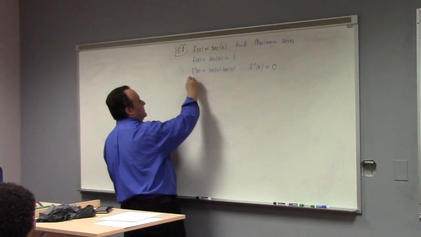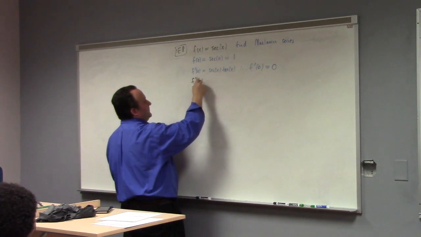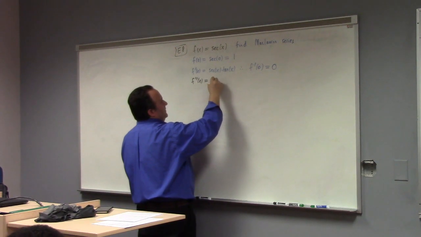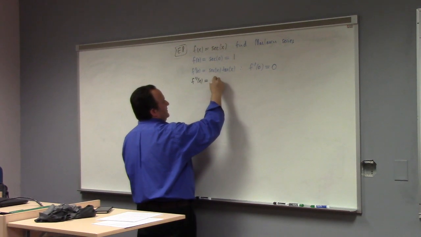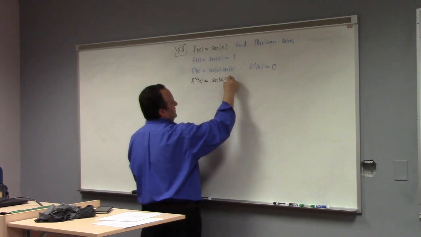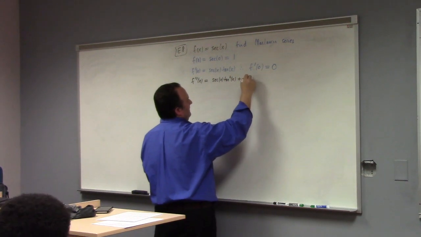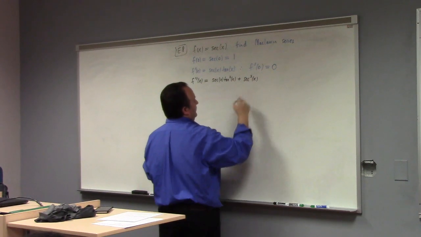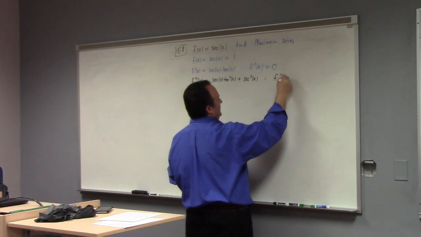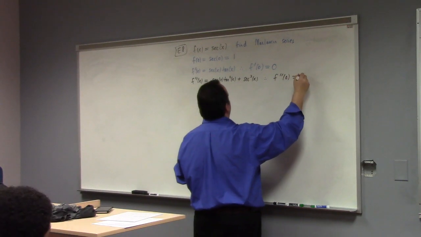So then this is going to hurt a little bit. F prime prime is, well, it's secant x, tangent squared x, right? Plus what? Secant cubed x by the product rule. So therefore, f prime prime of 0 is 1.